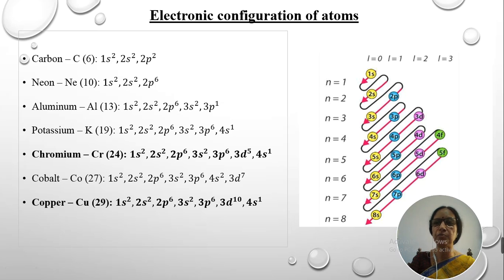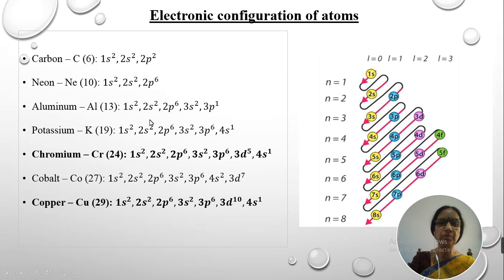Actually the capacity of the p subshell is 6, so out of 6 only 2 electrons are filled here. Similarly, neon is already given in the example itself. According to this, 10 electrons are there, 1s2, 2s2, so totally 4 are accommodated, and 2p6 as the capacity is 6 here. So this completes the electronic configuration of neon.